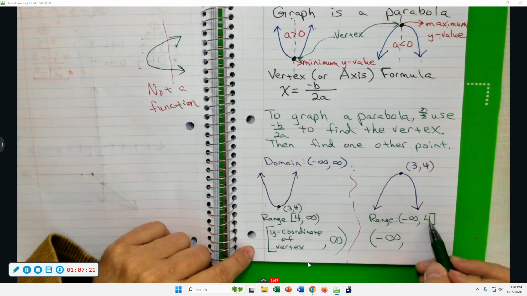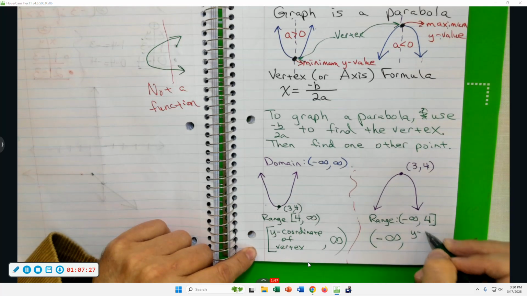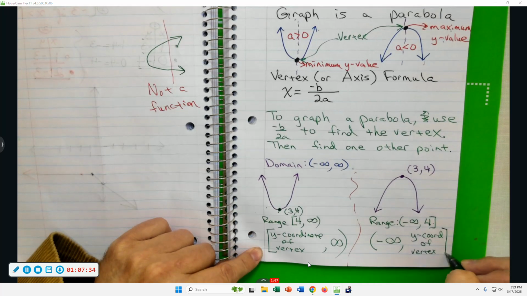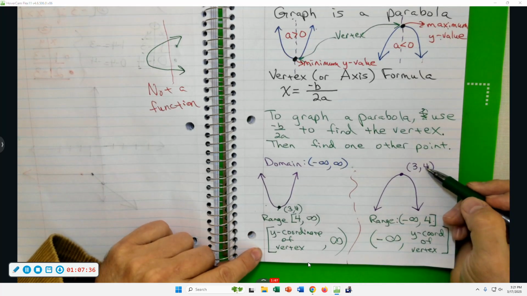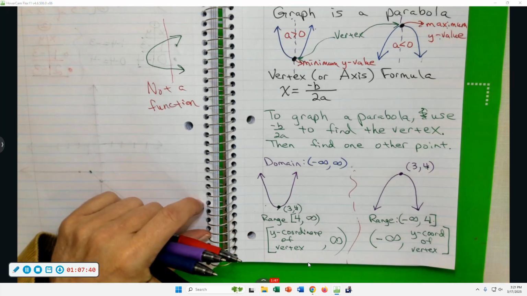How do we determine what number goes here? It's the y-coordinate of the vertex. Y-coordinate of vertex. And we put a bracket because that number is being used. There's a point that has 4 as the y-coordinate.